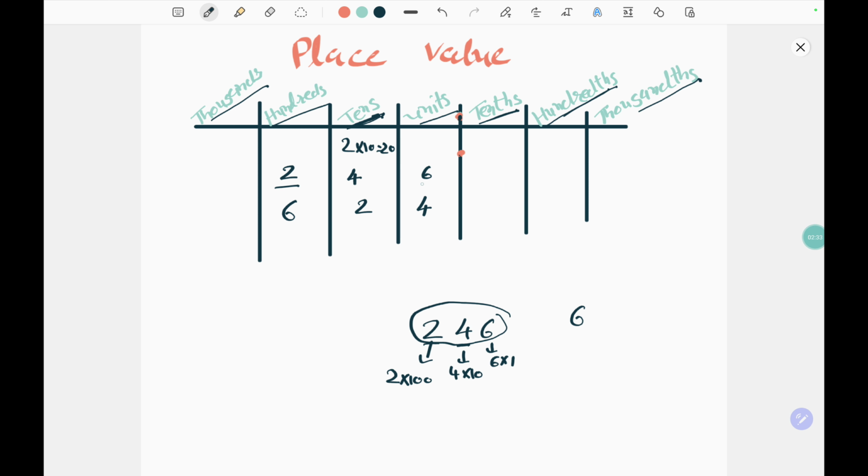Earlier 6 was only 6, multiplied by 1, but now it's at the hundreds place, so 6 is 600. 6 times 100, 600. Earlier 2 was at the hundreds place, meaning 200, but now I wrote 2 at the tens place, so 2 is only 20, not 200, because its place value changed. That's why its value is different now.